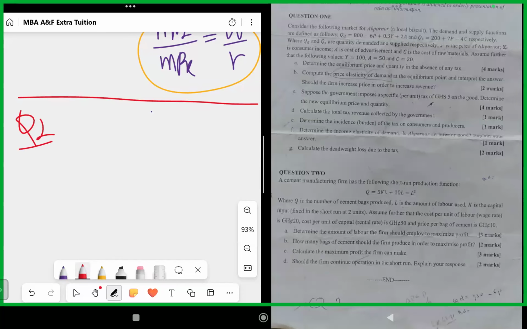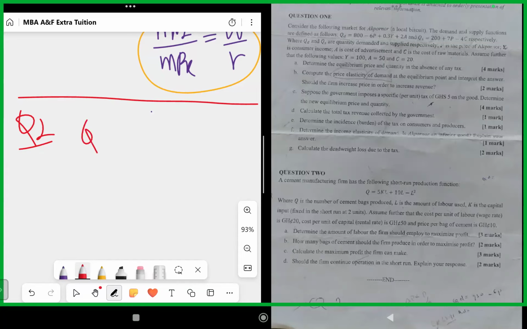A cement manufacturing firm has the following short run production. So even here they said it's a short run, but assuming they didn't even state a short run, from the requirement, you know it's a short run because you are only asked to find labor. Let me write the equation here.